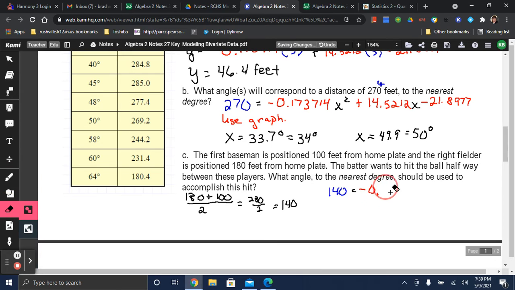So I'll go ahead and write my equation, and then we'll go back to the graph, or you could do the quadratic formula if you really wanted to.